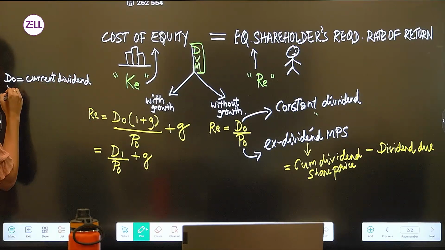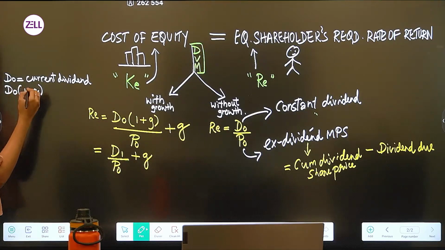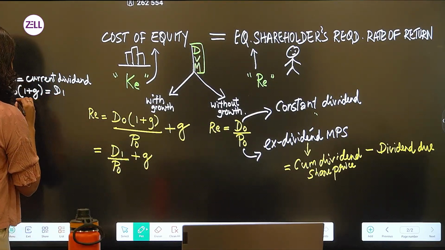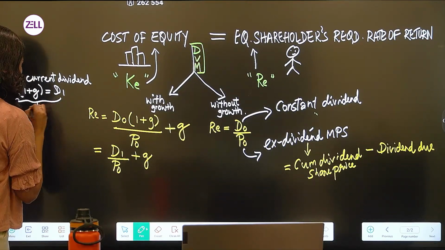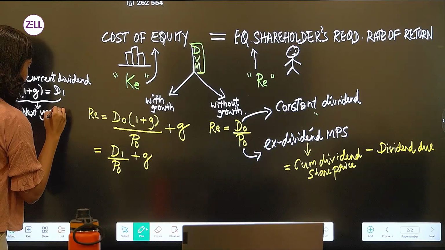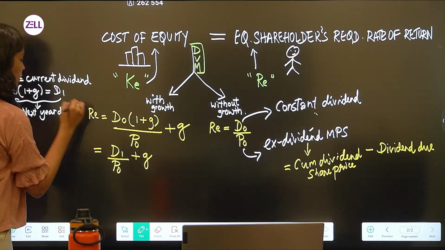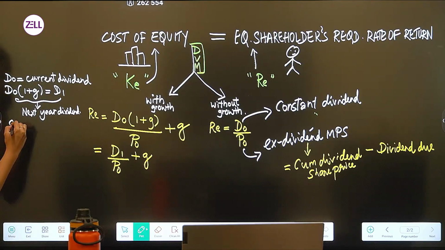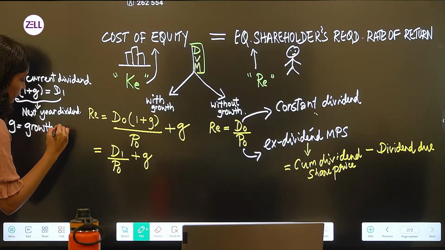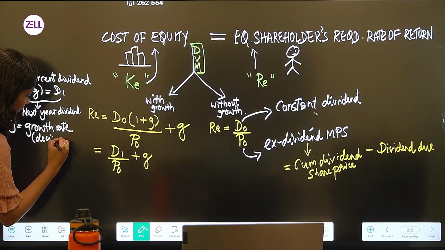D0 into 1 plus G is nothing but D1, which is your next year dividend. And G is your growth rate, which is to be expressed in decimals.